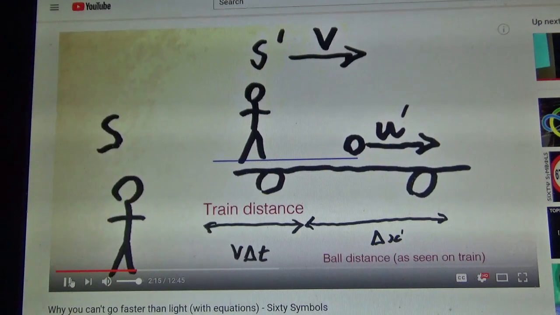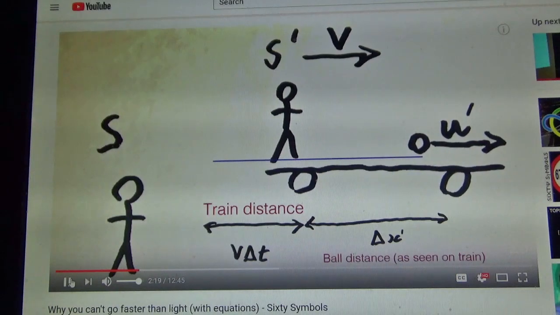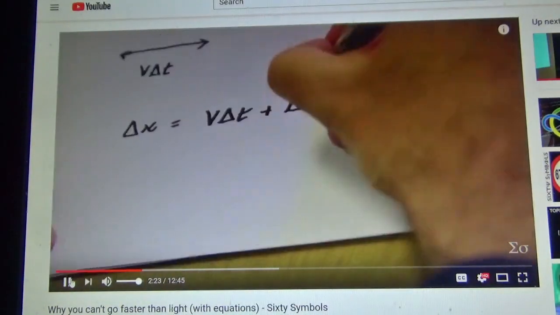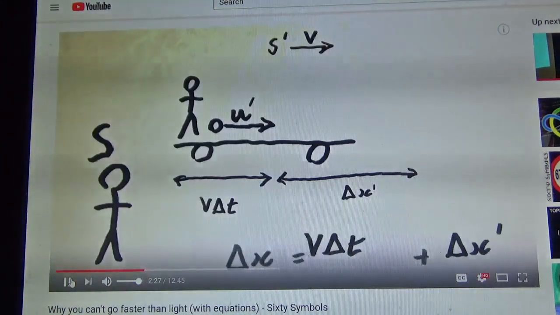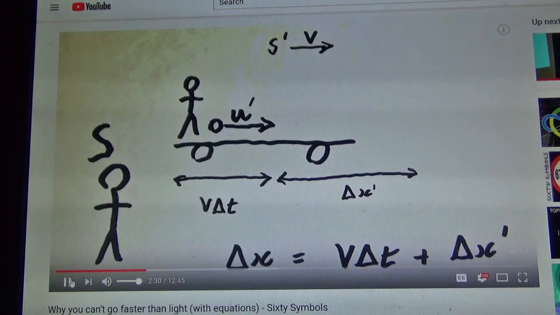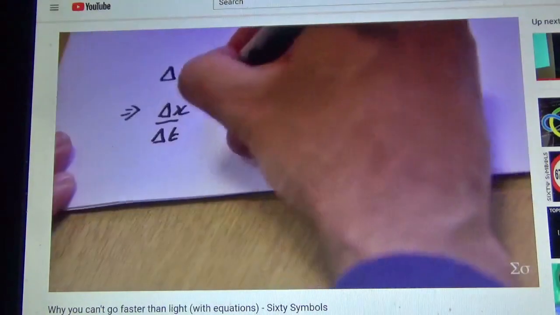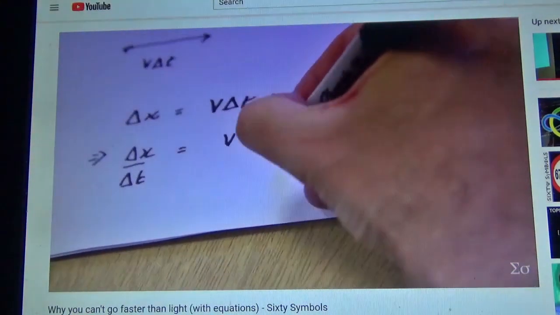So now we can put all this together: delta x is equal to how far the train has moved plus how far the ball has moved relative to the train, just the sum of the two. We can rearrange this in the non-relativistic case, dividing through by delta t: delta x divided by delta t is equal to v plus delta x prime divided by delta t.